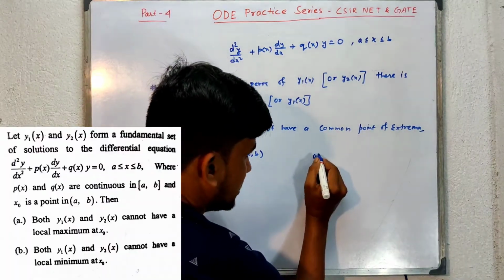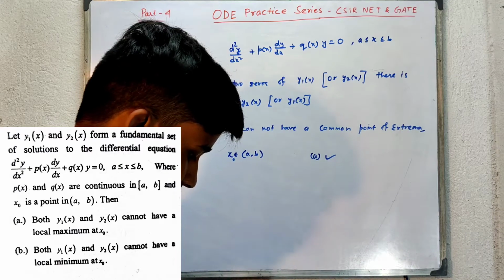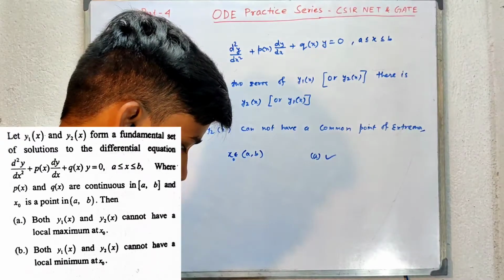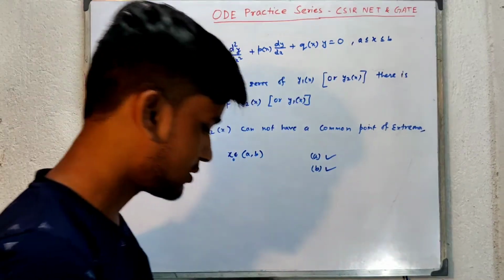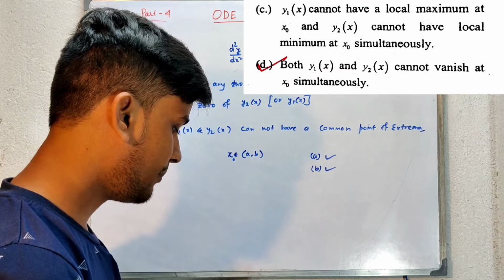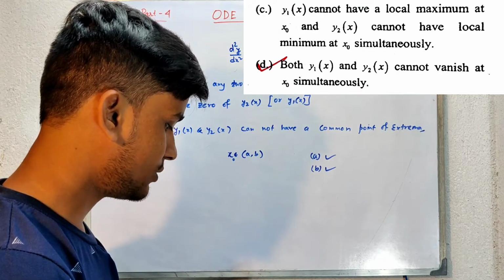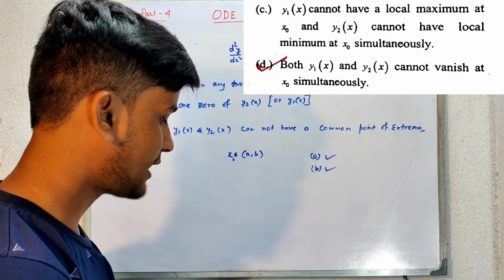So option A is clearly a correct option. Option B says that both y1 and y2 cannot have a local minimum. Yes, this is also a correct option. B is also correct. Option C says that y1(x) cannot have a local maximum at x0 and y2(x) cannot have a local minimum at x0 simultaneously.